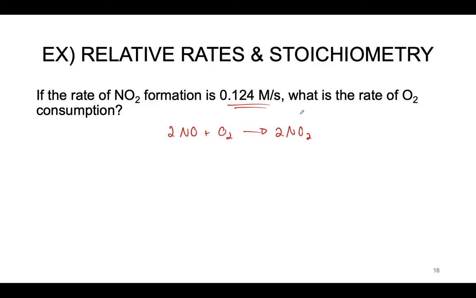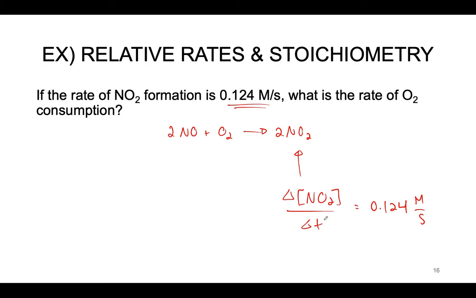All right, so we just learned how we can use our balanced chemical equation to determine the rates of our other species, assuming that we know the rate of at least one of them. And in this case, we have a rate of formation. So our nitrogen dioxide is being created. Its change in concentration per change in time at this particular moment in the chemical reaction is 0.124 molar per second.